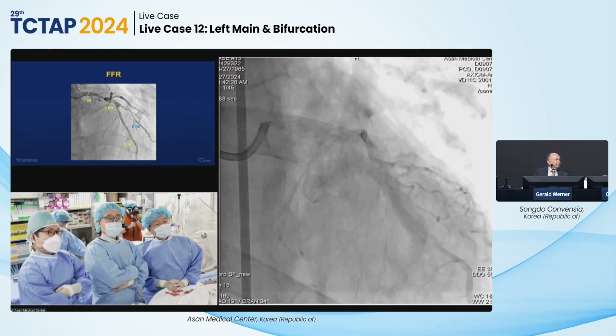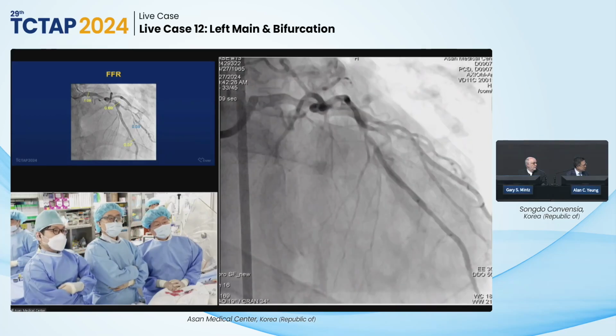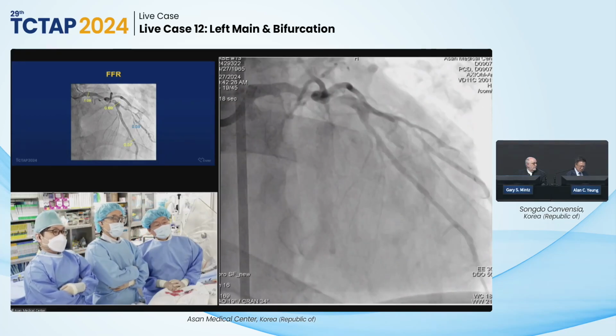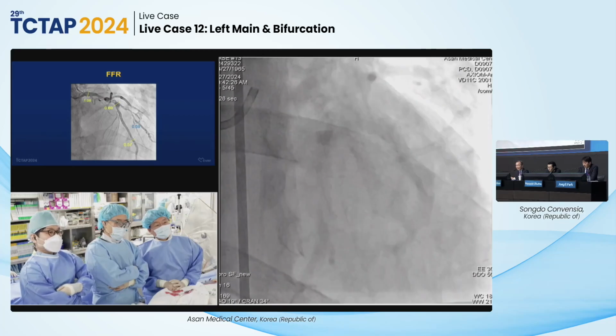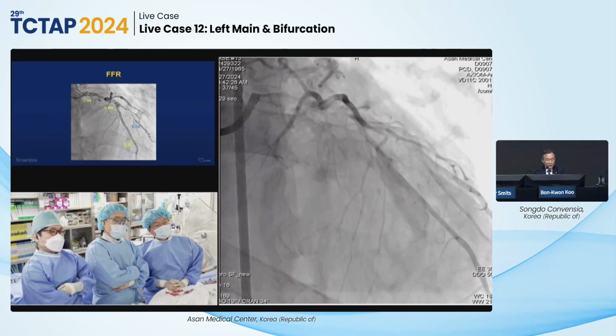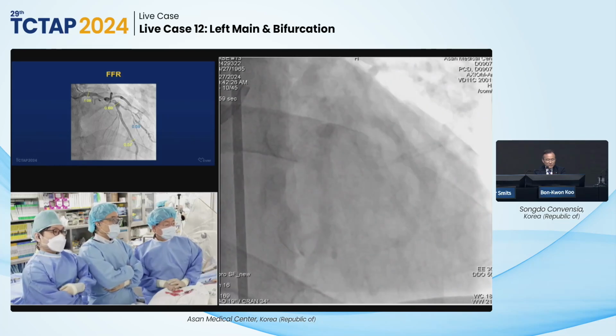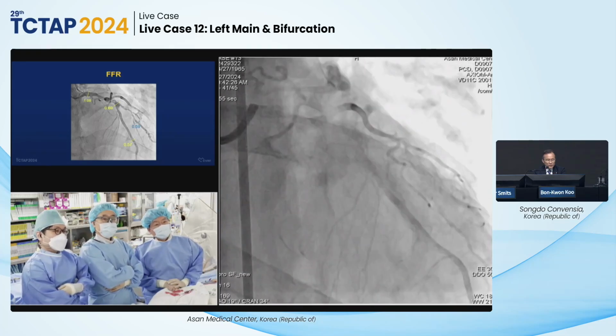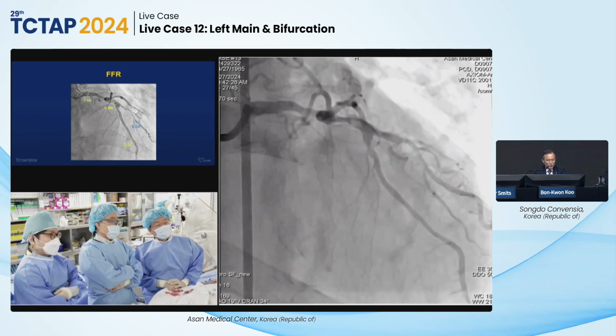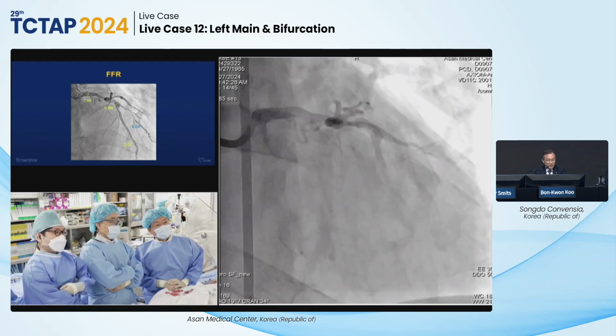Yes, I think that's a good point. Asan Medical Center published the rule of delta strategy a long time ago: when there are tandem lesions, fix the largest lesion first, because from left main to LAD it's almost 0.3, a huge decrease in pressure.